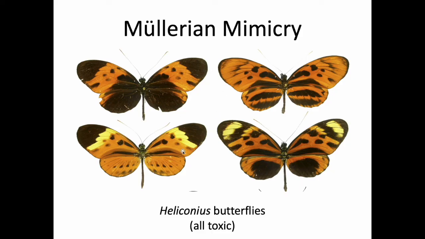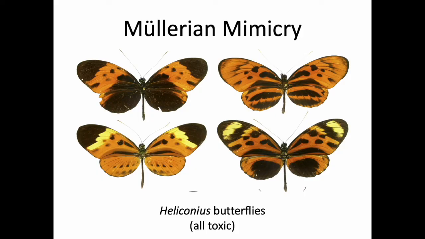They're all sort of helping each other out to just boost the signal of this message to all the predators in the community that orange and black, don't eat me. So yeah, Mullerian mimicry, these are mimicking one another, but they are all toxic. They reinforce that message.